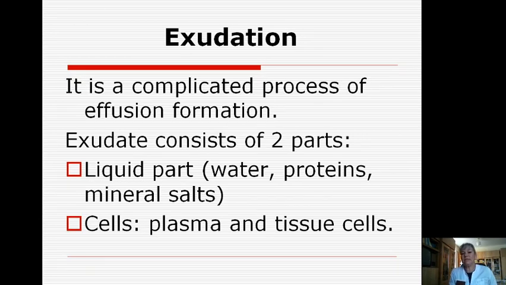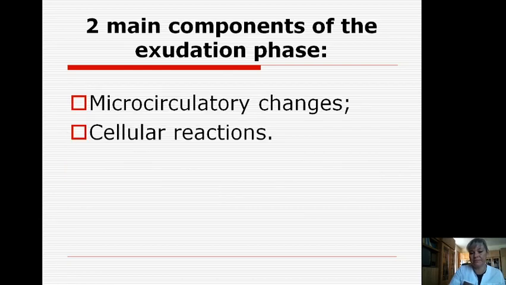In the next stage, exudation. It's a complicated process of effusion formation. Exudate consists of two parts: liquid part with water, proteins, mineral salts, and cells, plasma and tissue cells. In this stage, two main components of exudation phase.